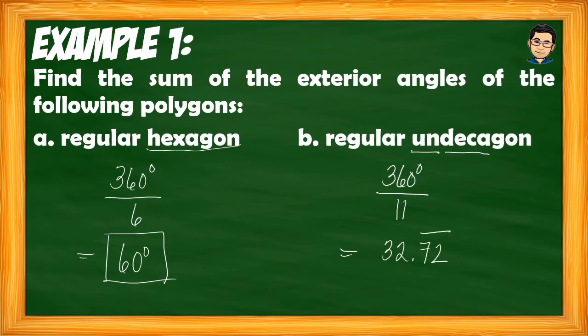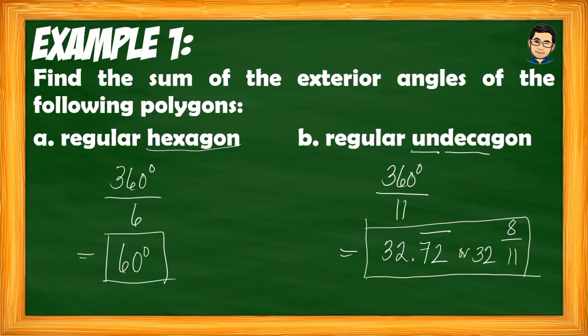Or pwede rin naman natin yung express as a mixed number that is 32 and 8/11. Okay, so since 360 is not divisible by 11, kaya po meron po tayong decimal. So ayan, 32.72 repeating or just simply 32 and 8/11.